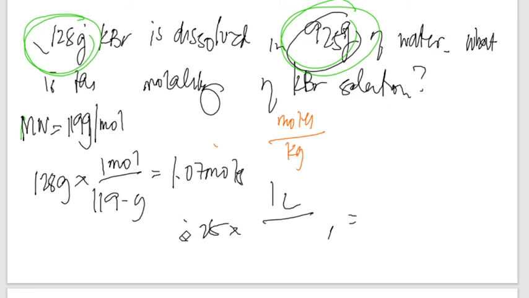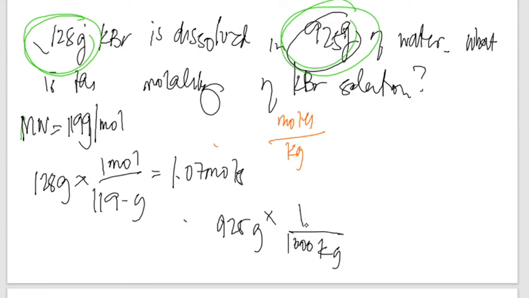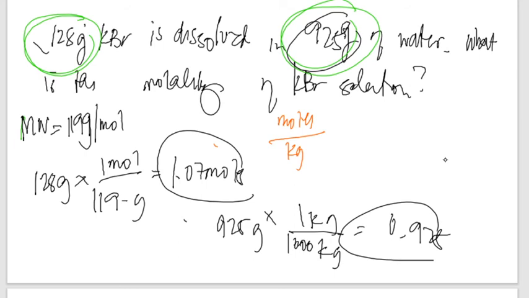My fault. Okay? It's just the same lang naman. Mali lang ng units. Okay? So, 925 grams, okay, times the 1 kilogram per 1,000 grams is equals to 0.925. So, pwede na tayong mag-start kasi we have the two representatives.